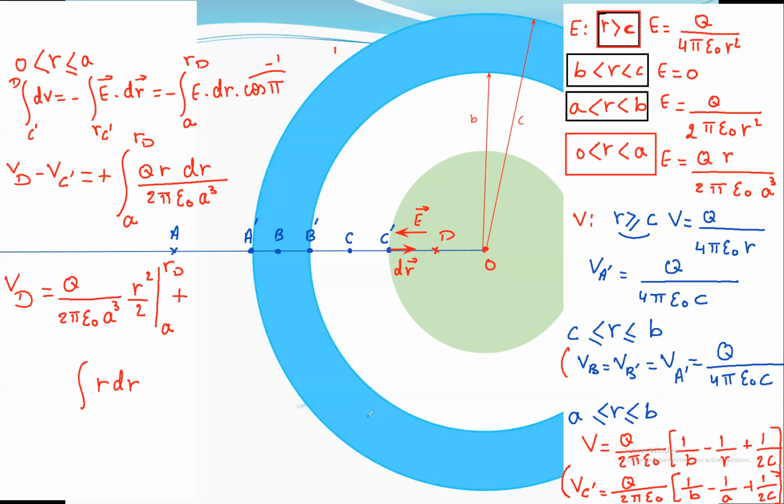You can use this result, which equals Q divided by 2 pi epsilon 0 times 1 over B minus 1 over A plus 1 over 2C.